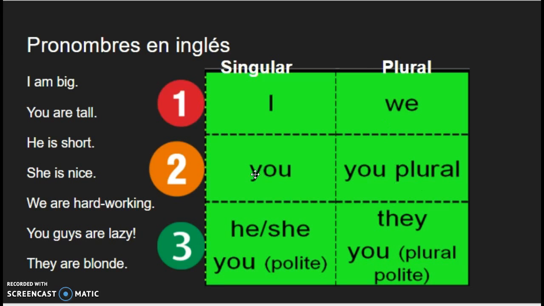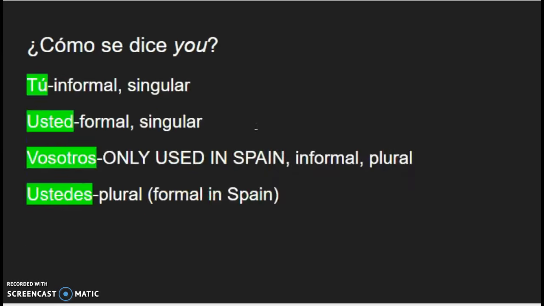And here in these written out notes, you can see usted formal, ustedes formal, vosotros informal, tú informal. I'd recommend writing this down because this is more explicit, and that way if you have questions later, you can access your notes for more clarity. So go ahead and pause the video and write these down.